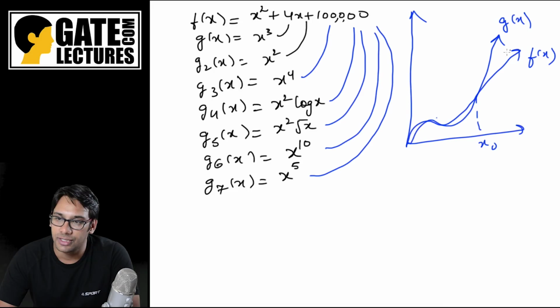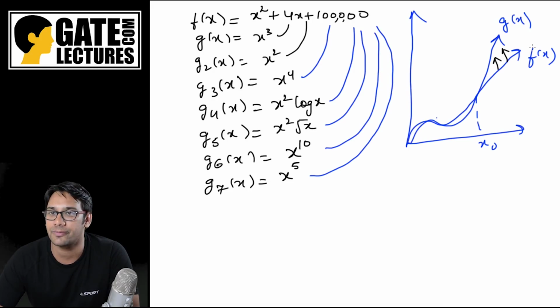If you give a very big value to x, whatever will be the value of f(x), g(x) will always be greater than f(x) for all x greater than x naught. So that means g(x) is actually giving the upper bound to f(x).